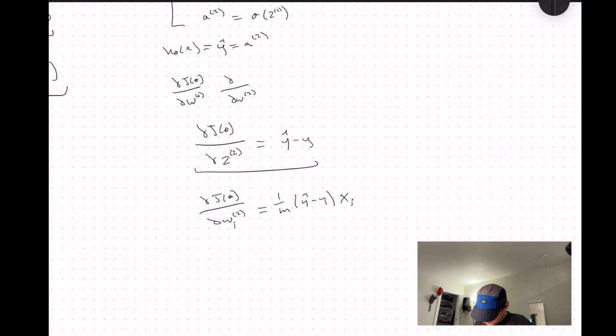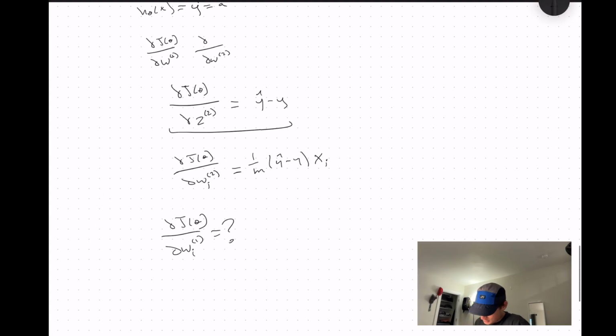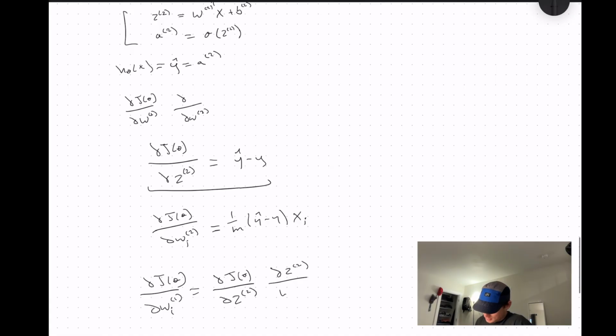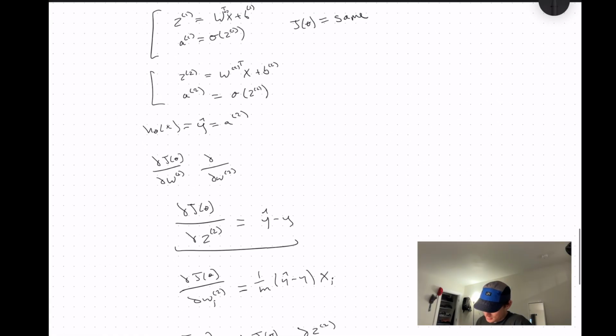And to do that, that's what we want. So to do that, we can use the chain rule and basically say that is equal to this one, which we already know, with Z2 and respect to W. Oops, we've already done that.